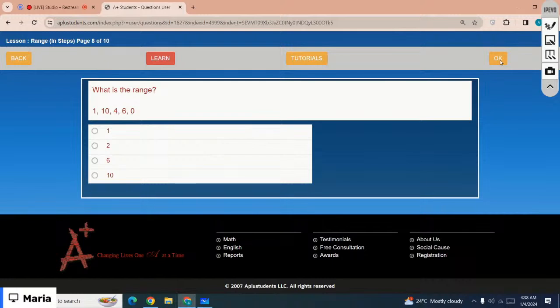So the correct option is 10. It is right. 10 minus 0 is 10.